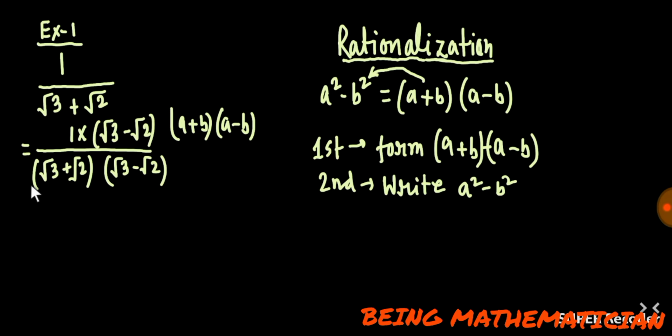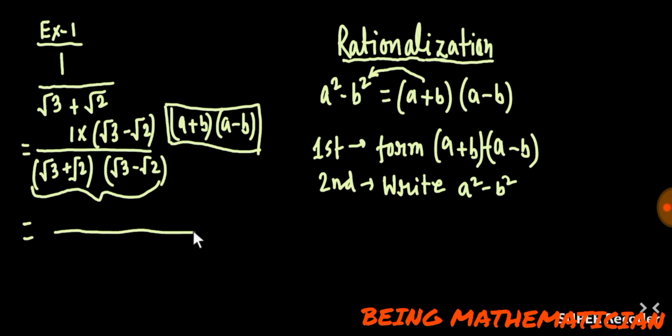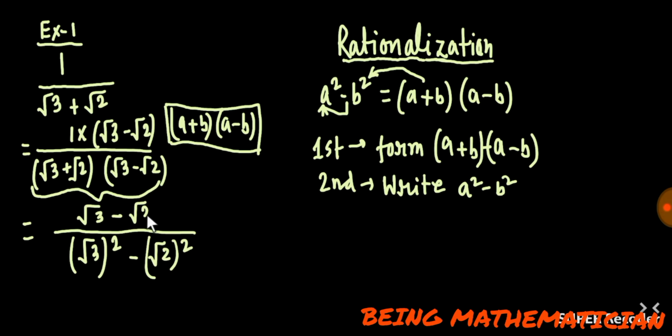So, this is clearly this form. So now, write this form. So root 3 square minus root 2 square, root 3 minus root 2.